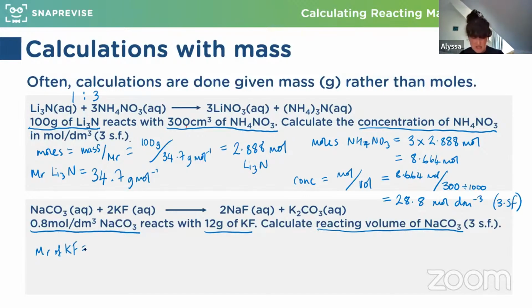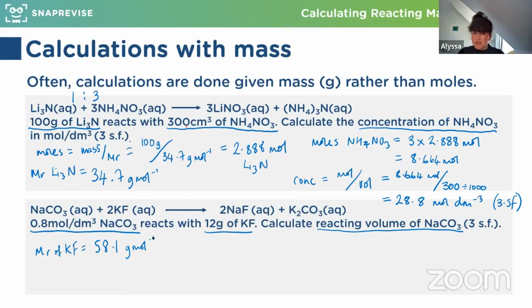Fluorine is 19 point something, just under 19, isn't it? So my MR is going to be... I've got 58.1 written in front of me, so let me know if you've got something different. Potassium is 39, okay, lovely.